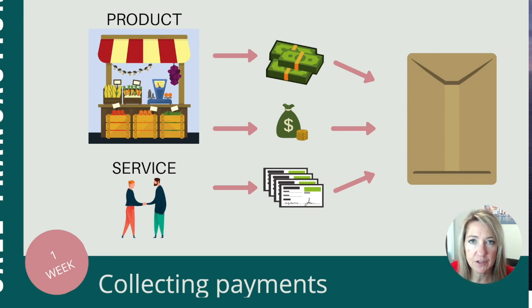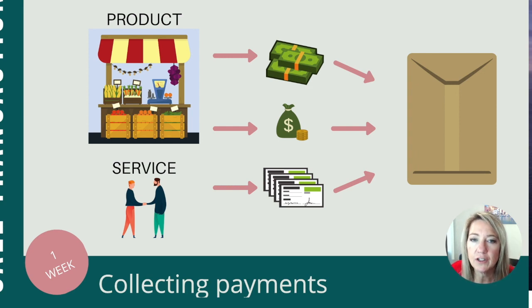And you have some cash that came in, maybe some cash in coin, or maybe some checks. Now, we're not talking about payments that go directly to your bank. We're talking about physical payments that come to you, whether it's mailed to you or handed to you, that you put aside to deposit at a later time into your bank account.